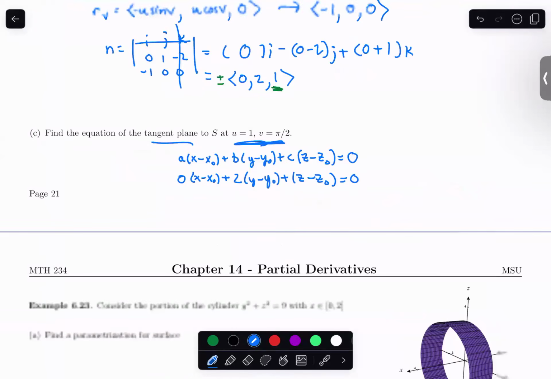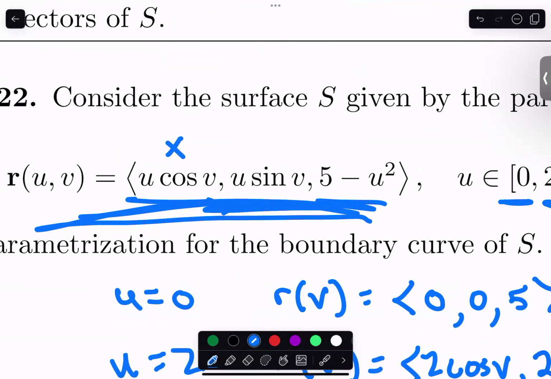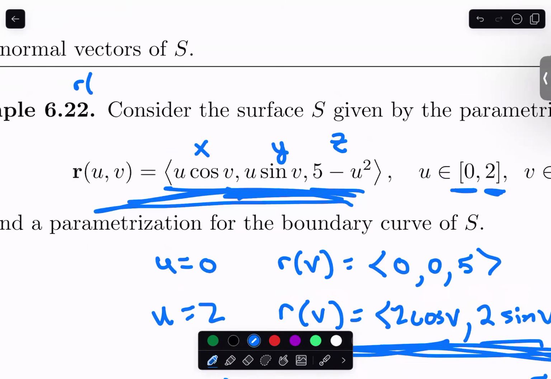Luckily, back in my original equation, this gives me x's, y's, and z's if you have a u and a v value to feed it. In this case, I know that u should be equal to 1 and v should be equal to pi over 2, and this will output the x, y, z coordinate that I want to be at. So let's plug in 1 and pi over 2.